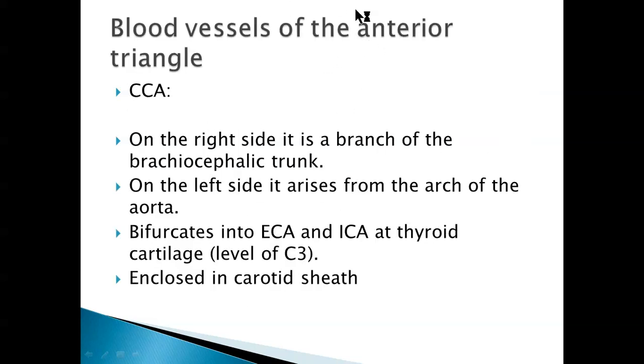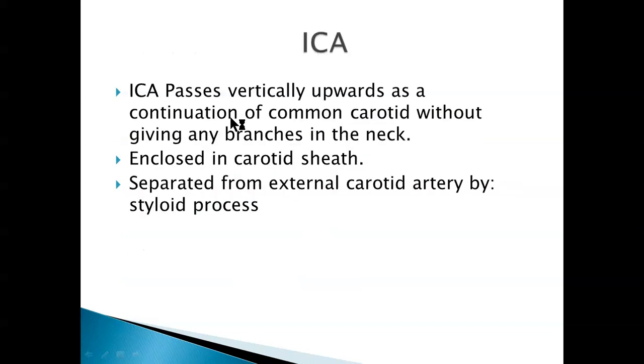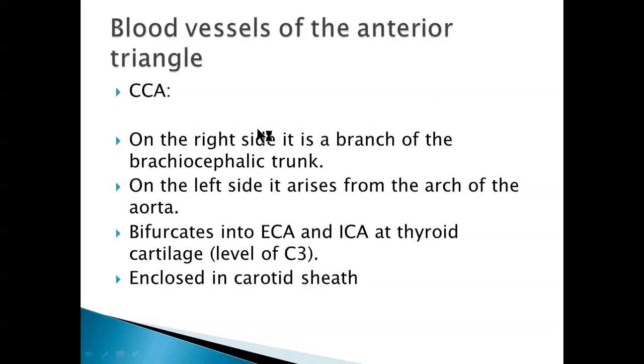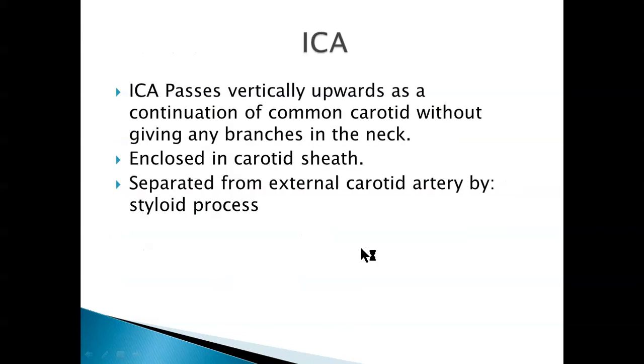Blood vessels of the anterior triangle. So the content of the anterior triangle would be your common carotid artery, as we already mentioned. A point to be remembered is it bifurcates at the level of C3, at the thyroid cartilage, into ECA and ICA, external carotid artery and internal carotid artery, and it's enclosed in the carotid sheath.